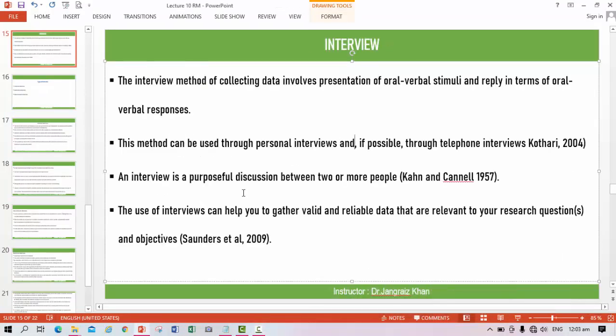The narrative method of collecting data involves presentation of verbal stimuli and reply in terms of oral responses. This method can be used through personal interviews and, if possible, through telephone interviews, according to Kothari 2004. An interview is a purposeful discussion between two or more people.